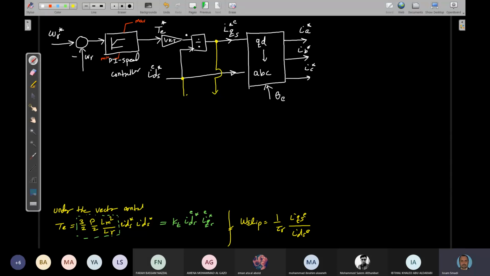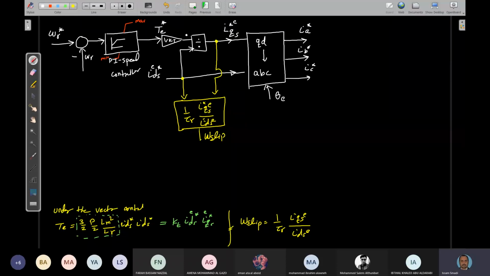And those go to a block, and in this block I will evaluate 1 over tau R, IQS over IDS. Now I will calculate here omega slip.